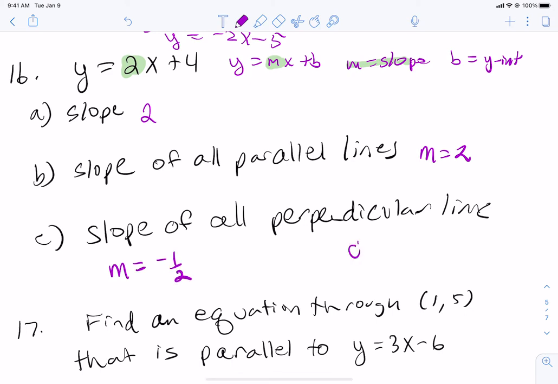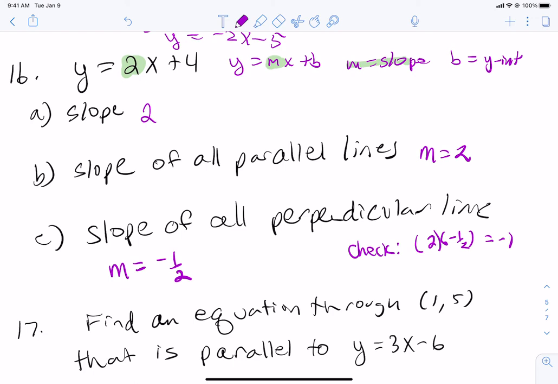Now, how could you check it? Well, if you multiply 2 times negative 1/2, you should always get negative 1. Slopes are perpendicular if when you multiply them, you get negative 1. That's a quick little check.